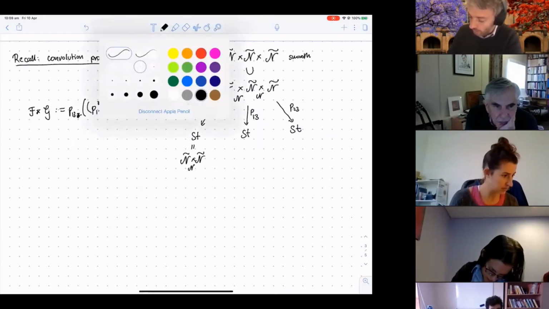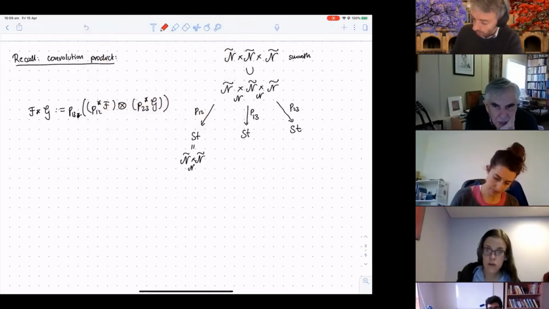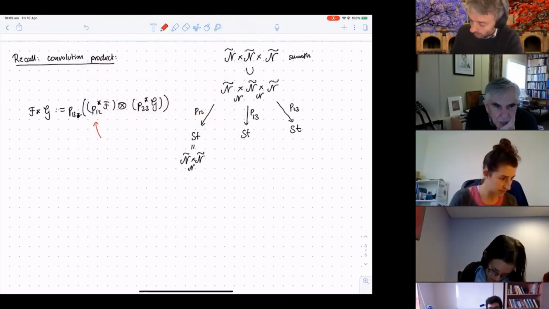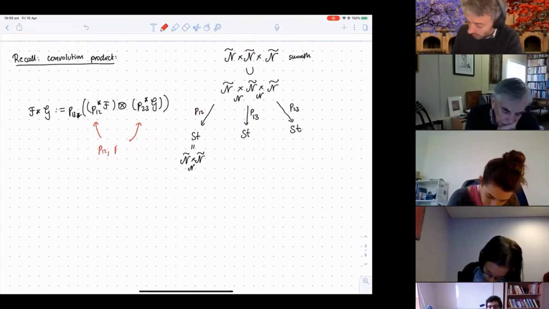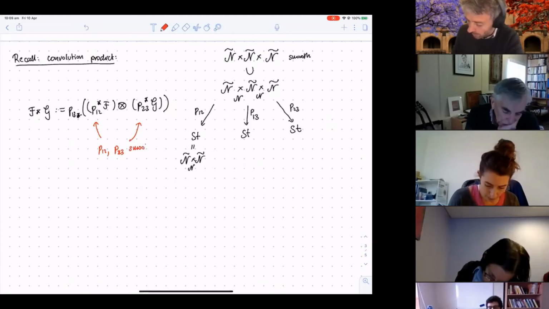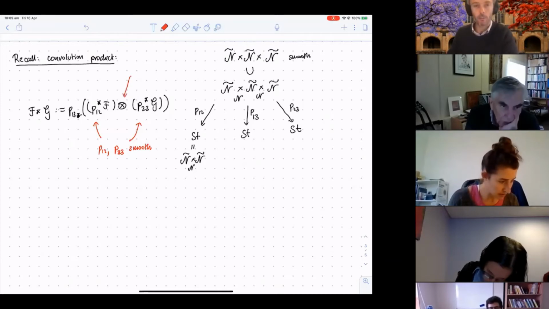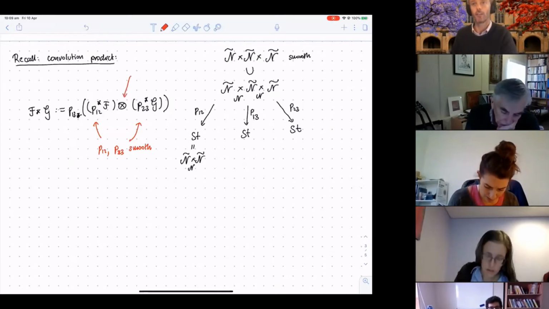And I just want to remind you why all of this is okay. So these pullbacks are okay because P12 and P23 are smooth. To form a tensor product, we need some kind of locally free resolution.